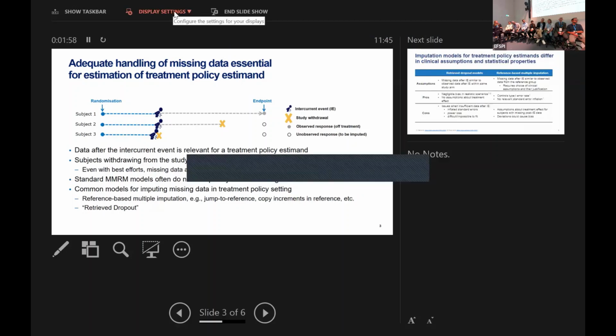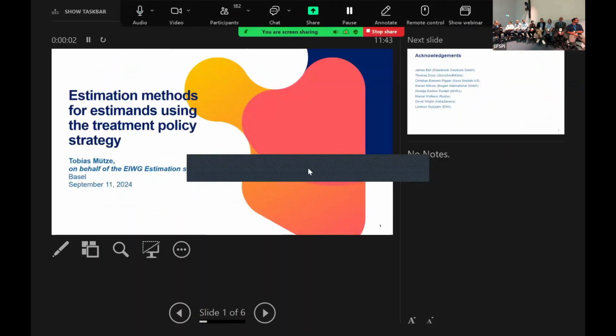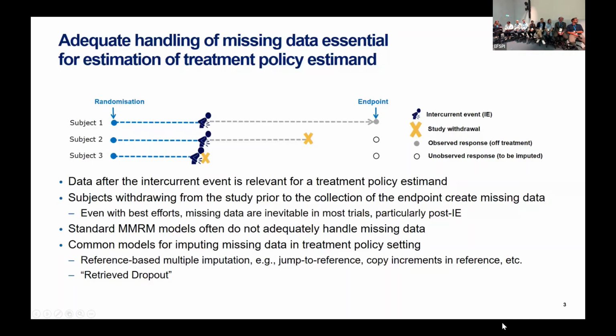And in the working group, we've recently published a paper where we compared the different imputation methods. And a key finding of our work is that the methods differ in their clinical assumptions and their statistical properties.